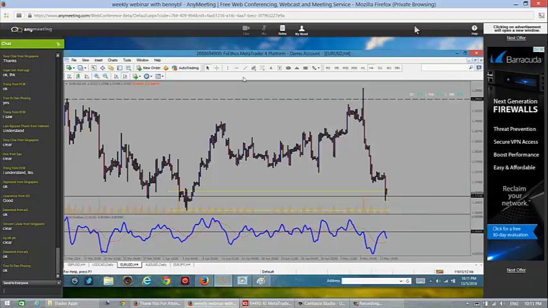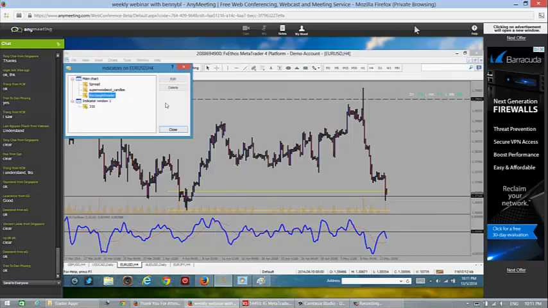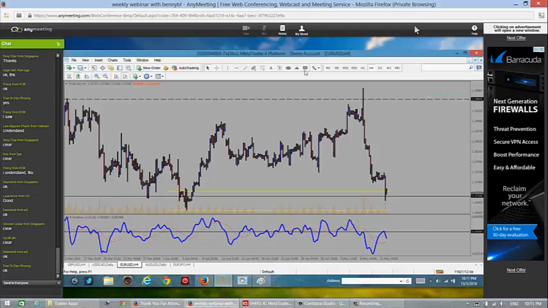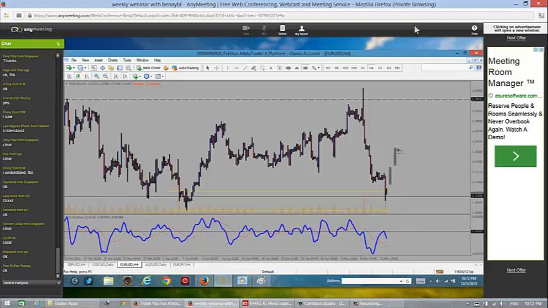What I like to see is the price rally up to here. Once the price rallies up, this 310 will also rally up.